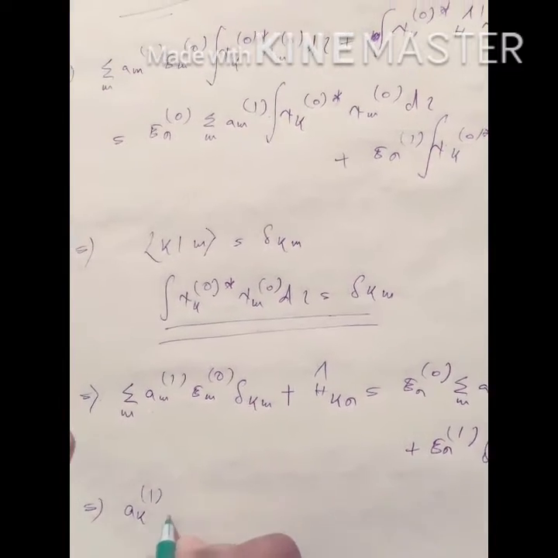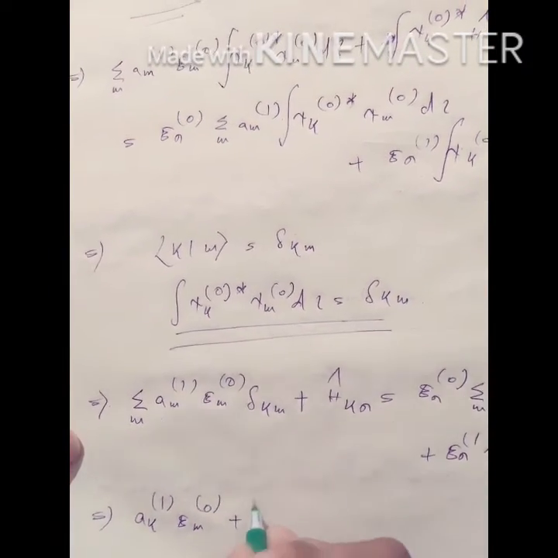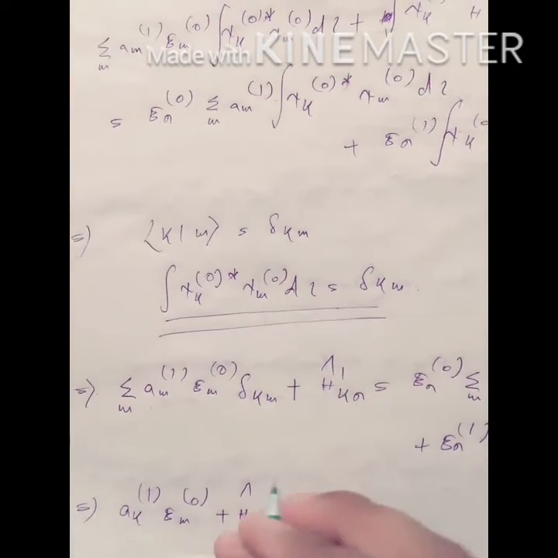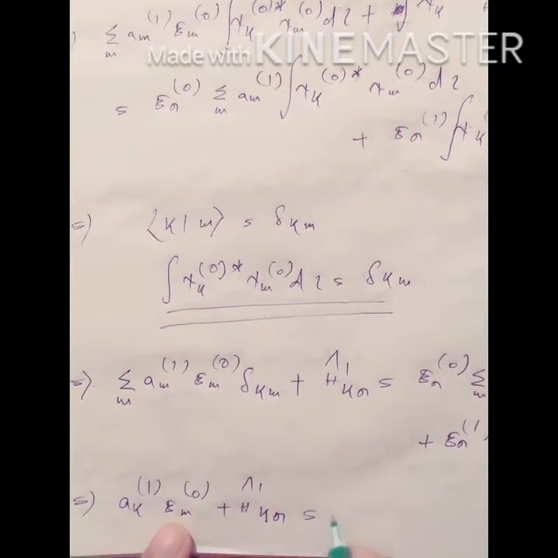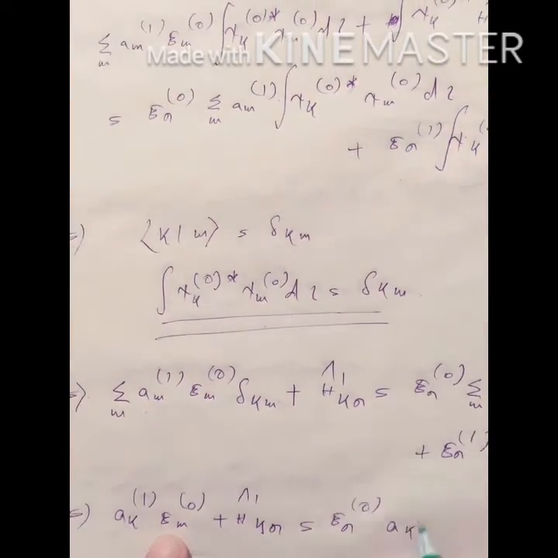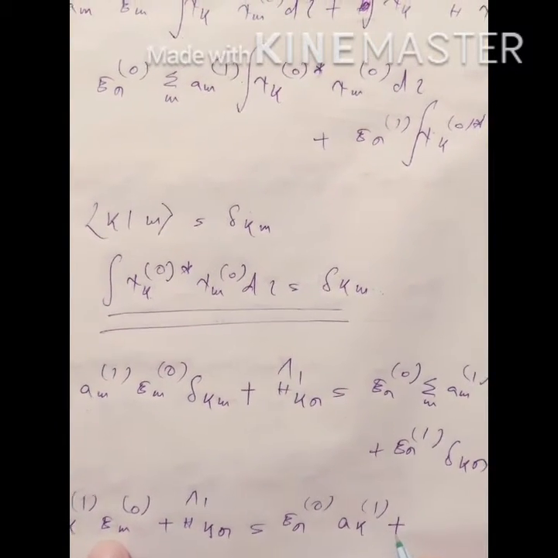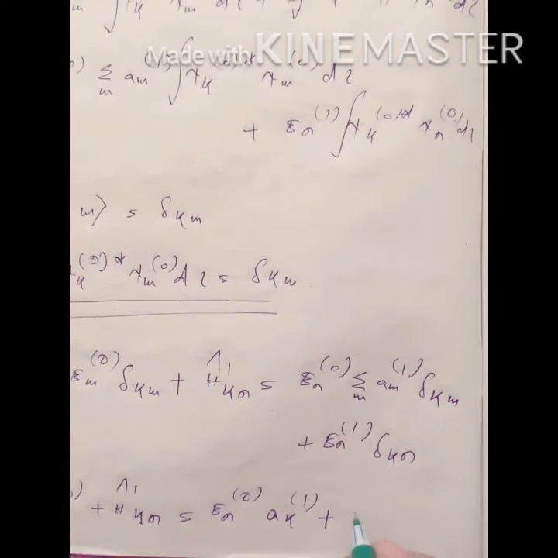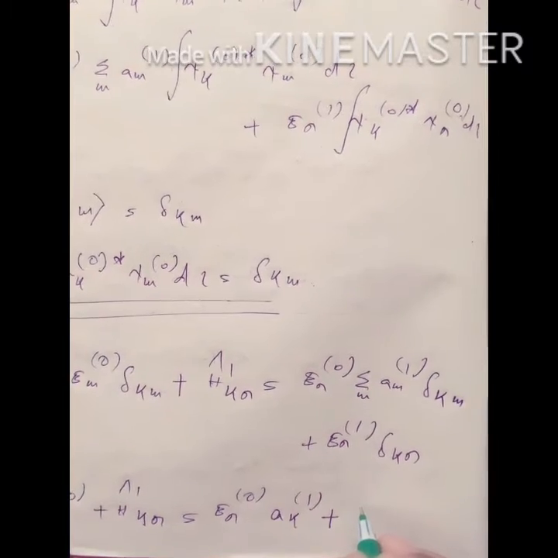So the next step is Ak1 Em0, plus H prime kn, is equal to En0 Ak1 plus En1 delta kn. So what can we write in the next step?